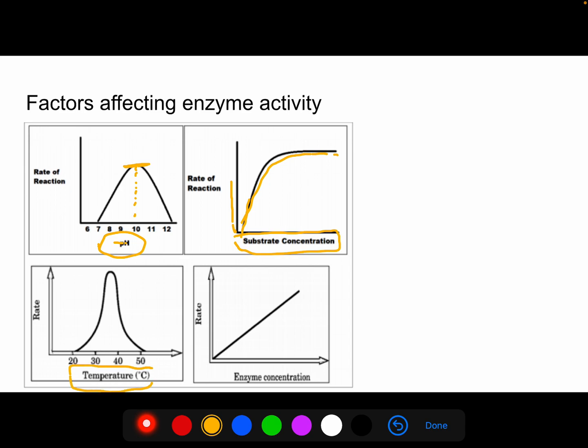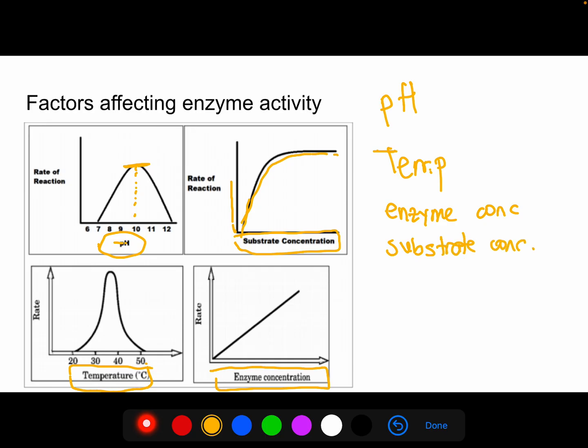Temperature will also affect the rate of the reaction. And enzyme concentration. So the more enzyme you use, the higher the rate of reaction. Okay, so the factors affecting the enzyme activity will be pH, temperature, enzyme concentration, and substrate concentration.